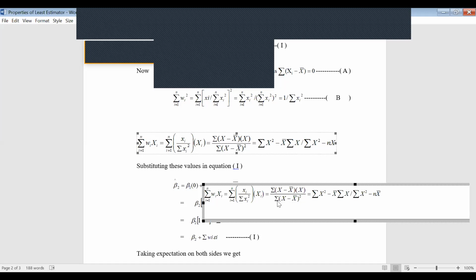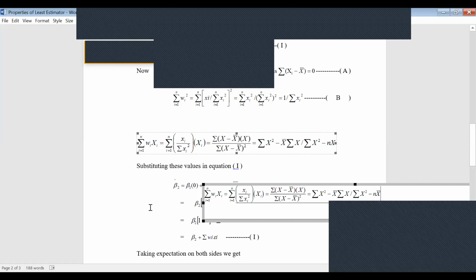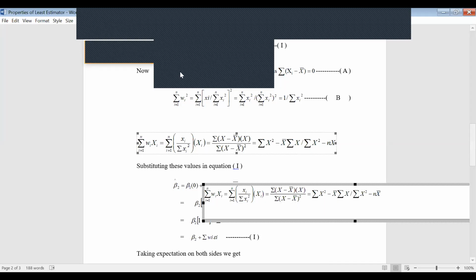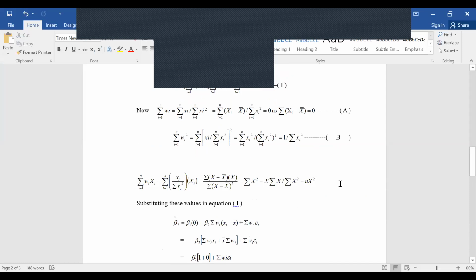Now after applying the sigma sign, we have summation xi square plus, after applying summation on x bar, we have nx bar square and minus 2 nx bar square, so we have plus nx bar square and minus nx bar square, so we will get this one, which is further equal to summation xi square.